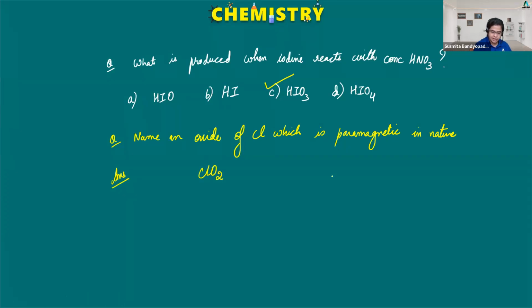Comment on chlorine's hybridization here. I've said oxide. So that's the reason the answer will be ClO2. Very good.